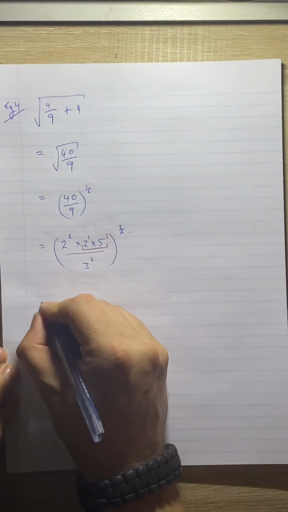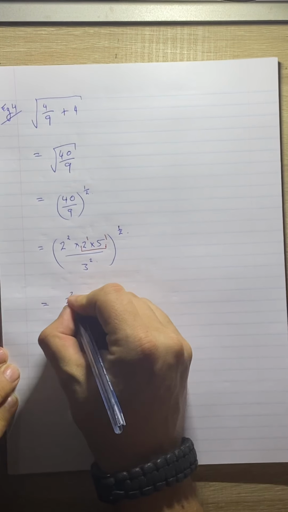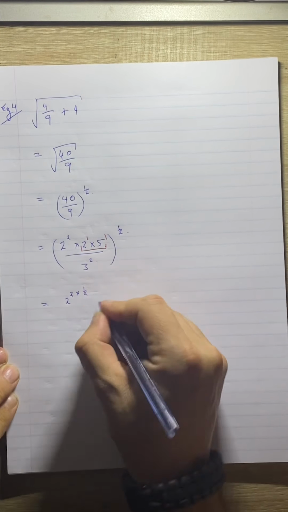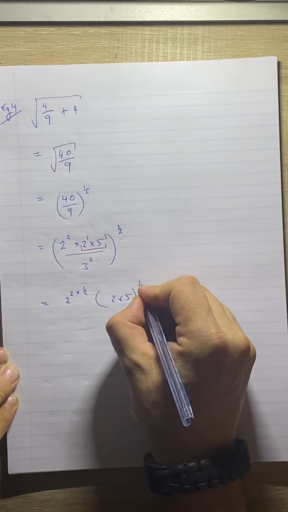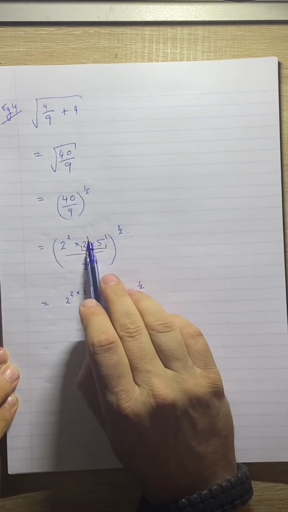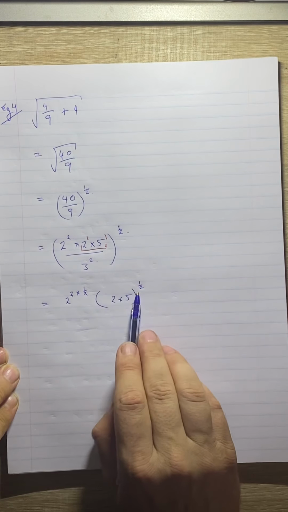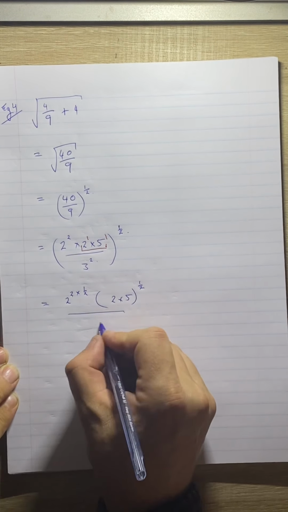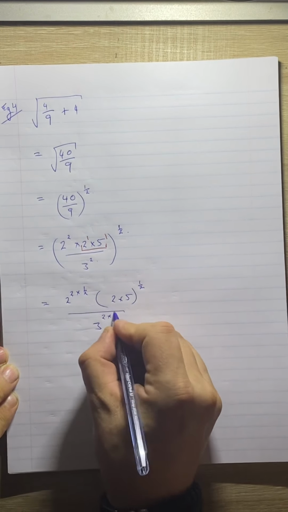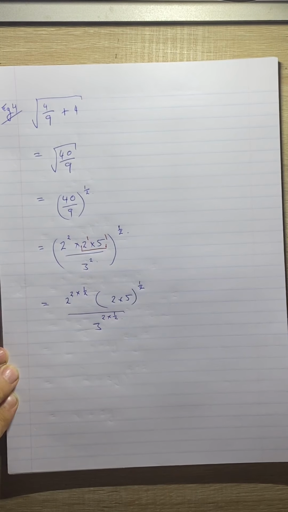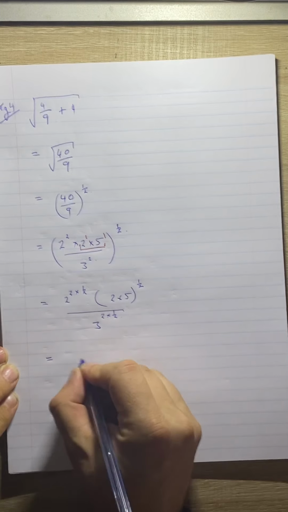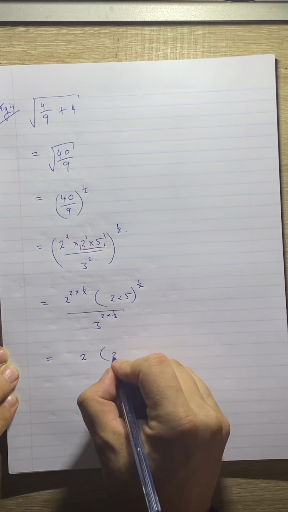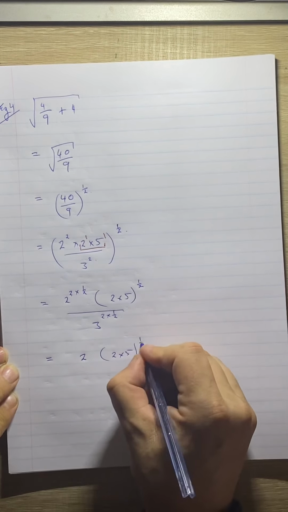So over here, for the first one, we'll get 2 to the power of 2 times a half, times 2 times 5 to the power of a half. Notice how I did not distribute into both of them. I grouped them all over 3 to the power of 2 times a half. Okay, so this 2 will cancel with that 2 over there, and we're just left with 2 times 5 to the half.